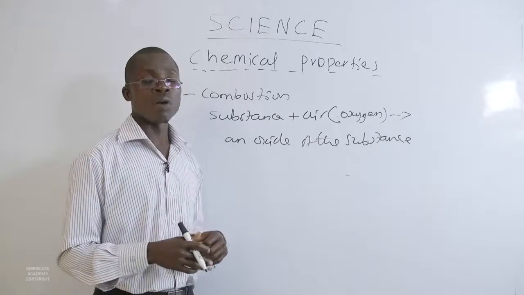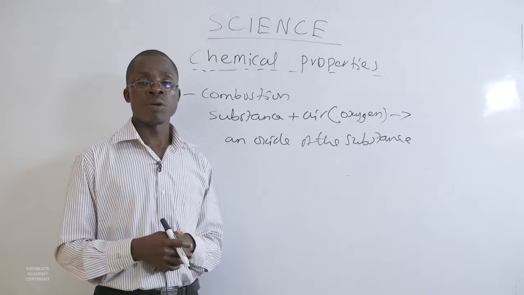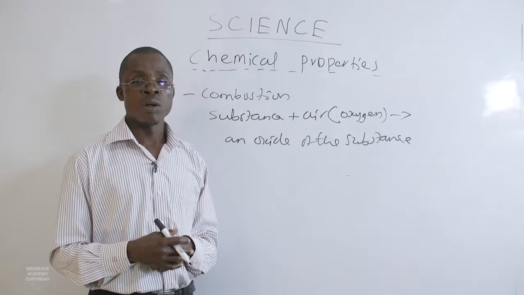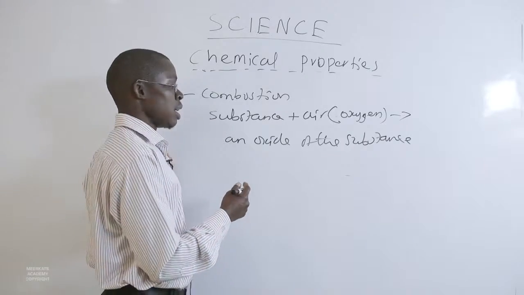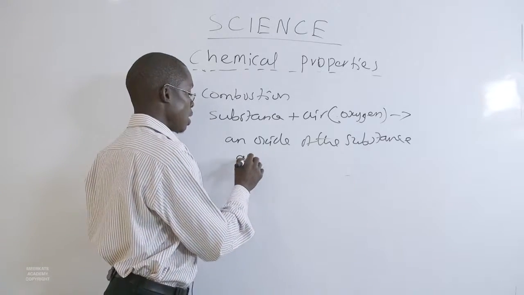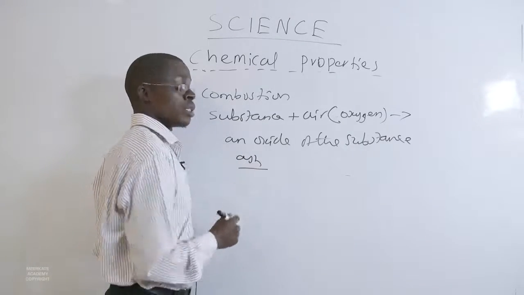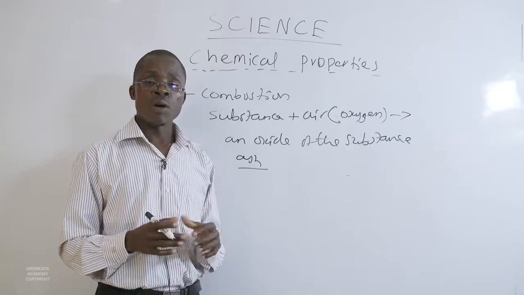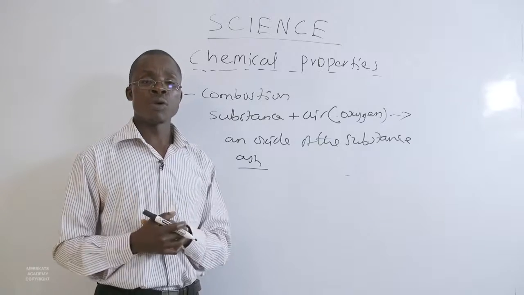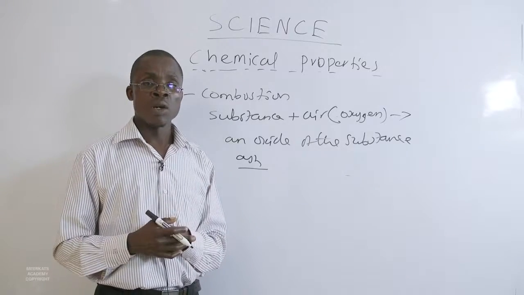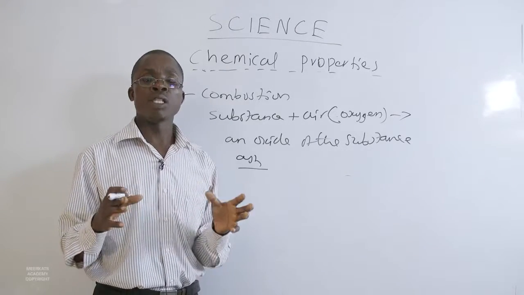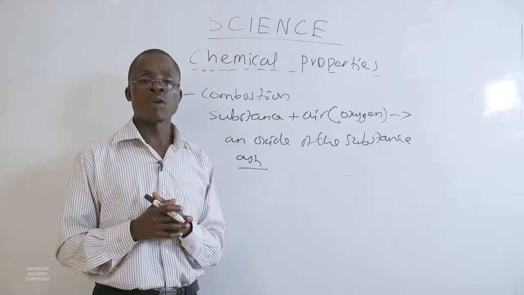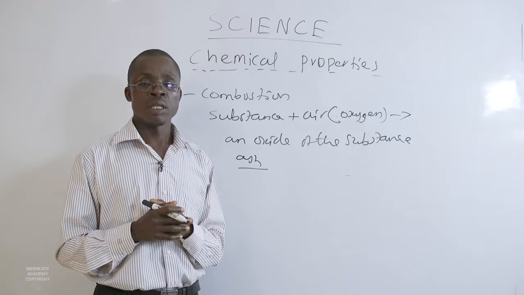So you are burning paper, or you are burning wood. What you will be seeing is, at the end, you will form ash. This ash forms the oxide of the wood. Now, that wood is not as simple as you are looking at it. Wood is an accumulation of so many chemical elements in it.